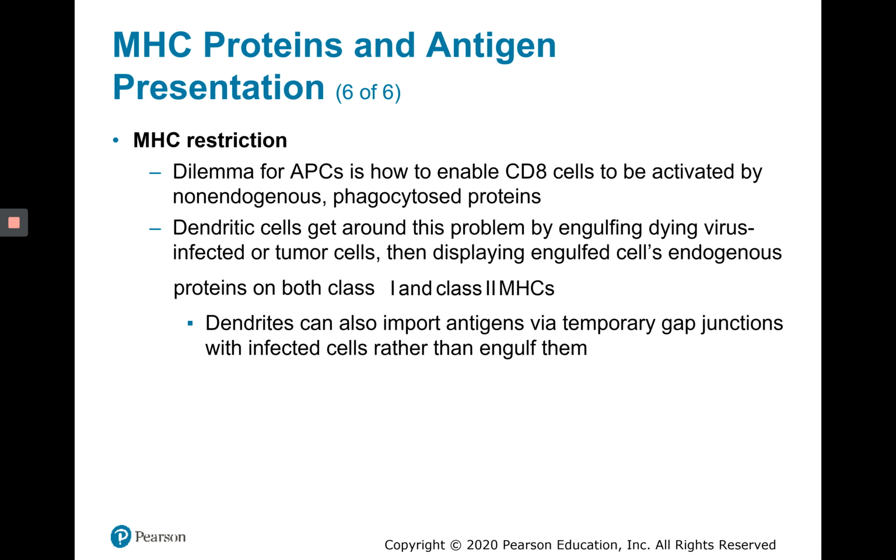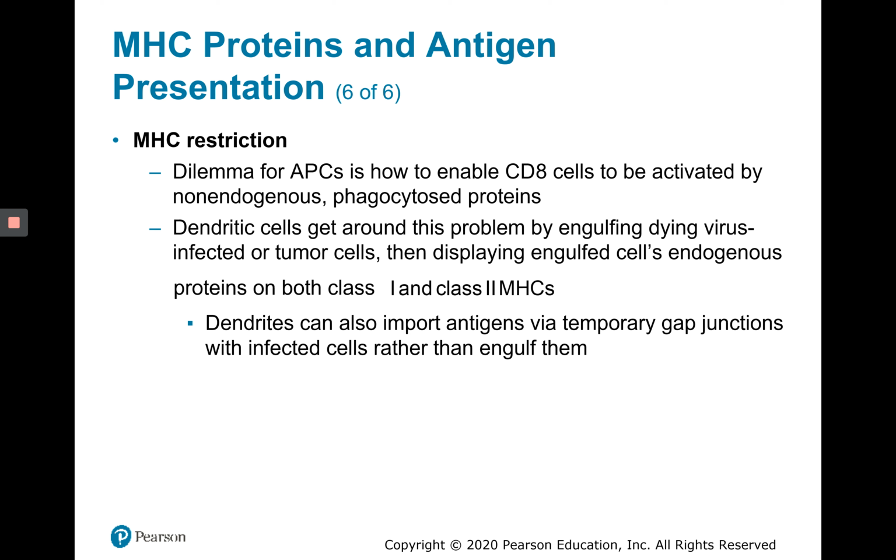The dilemma here is when antigen-presenting cells need to be enabled by CD8 cells to be activated by non-endogenous phagocytosed proteins. The dendritic cells are actually the ones that are able to get around this. Another reason why we call the dendritic cells the best antigen-presenting cells.